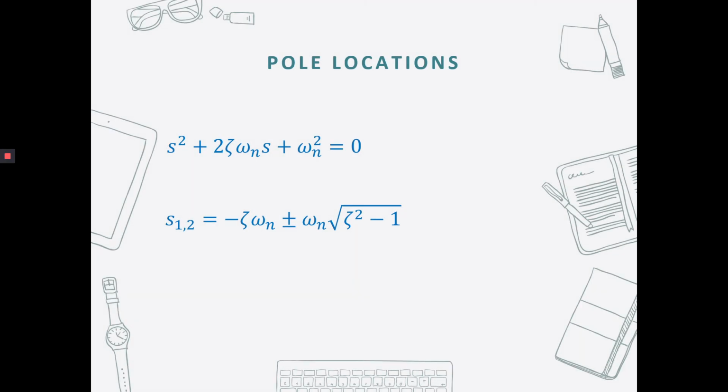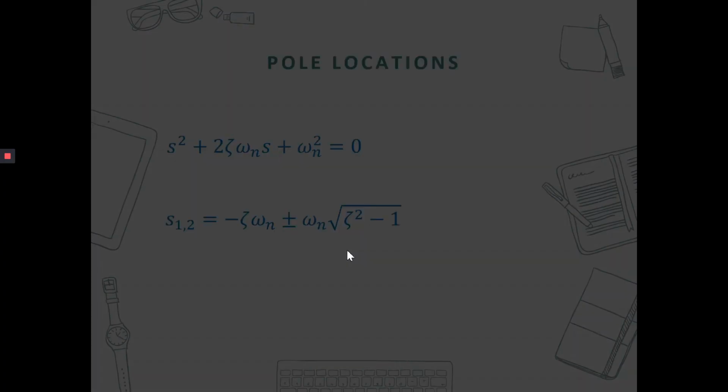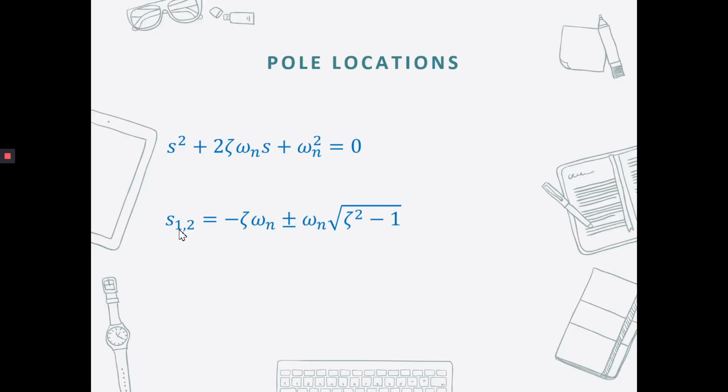Next, we can also determine the poles of the system by using the denominator equation through this formula. The denominator, or the characteristic equation, equalized to 0, so we can determine the roots or the poles of the system. Otherwise, if we have the value of natural frequency and zeta as in the previous example, we can determine the roots or poles by using this formula: negative zeta omega n plus minus j omega n square root of 1 minus zeta squared.